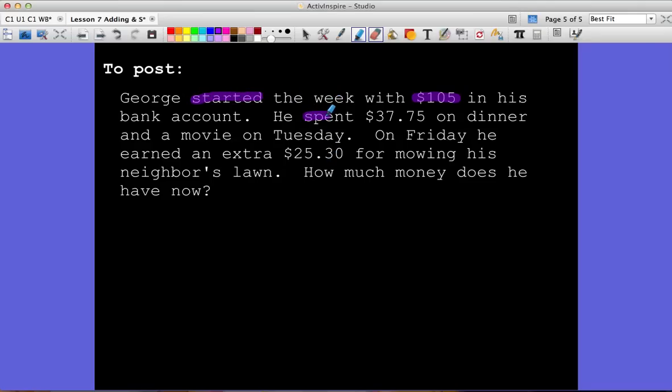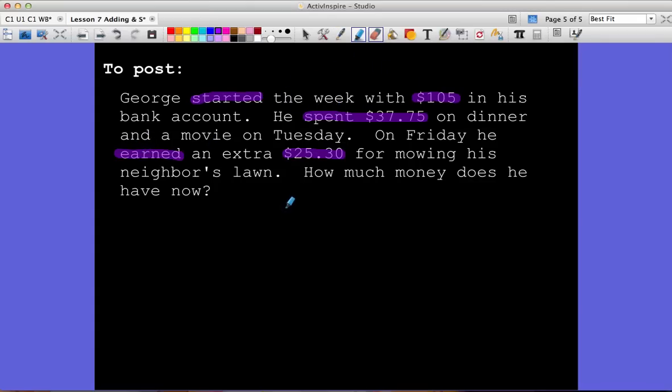He spent $37.35. Does it matter that he spent it on dinner and a movie or that he spent it on Tuesday? No, it does not. Not in this case. But it does matter that he earned $25.30 for mowing his neighbor's lawn. Now, does it matter that he earned it by mowing the lawn? No. These are all keywords here.